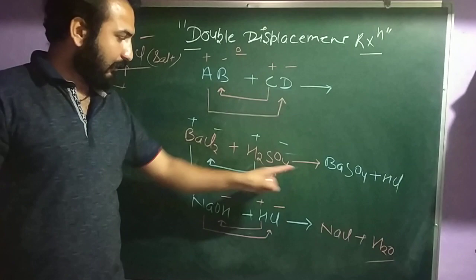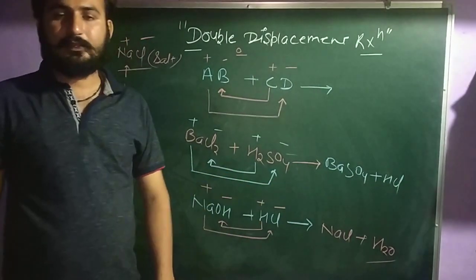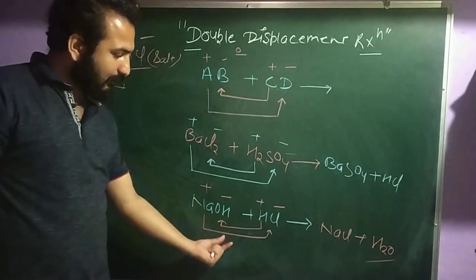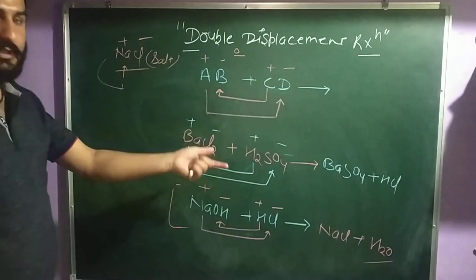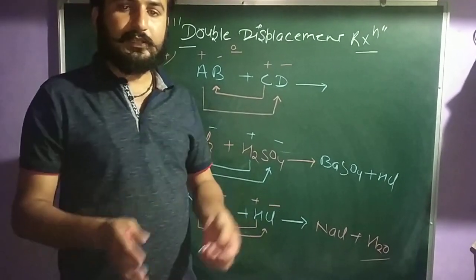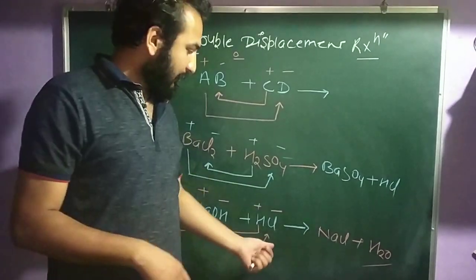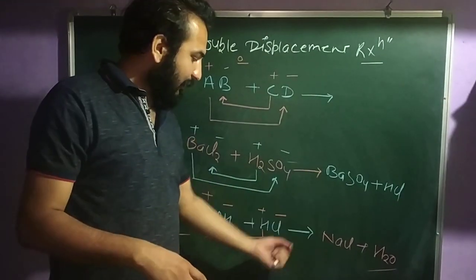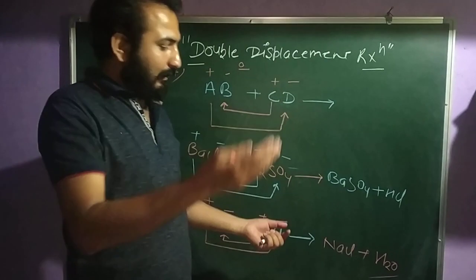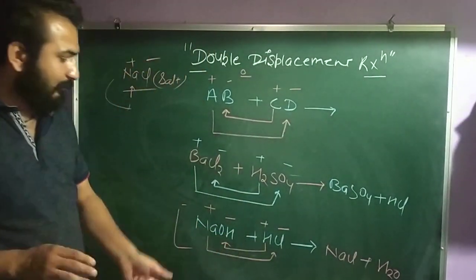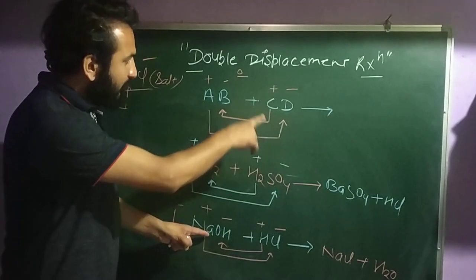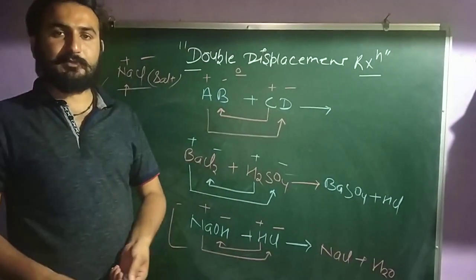So clear? This is a double displacement reaction, and this reaction is very special in your second chapter when we discuss acid, base and salt. Now a salt is formed, so we will study this reaction in detail in our second chapter. But here I am using this reaction only to show the double displacement reaction.